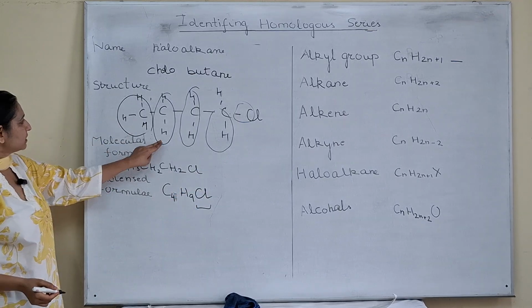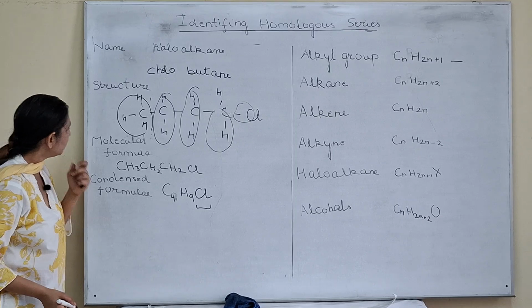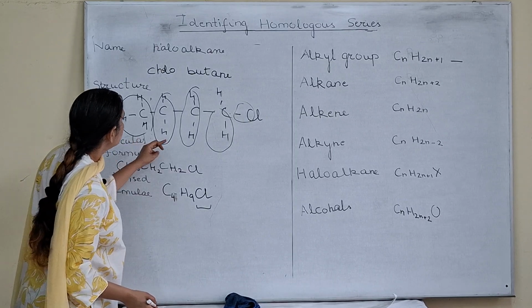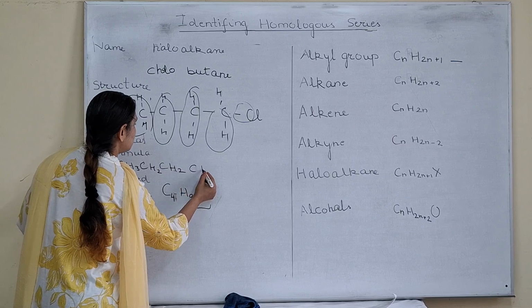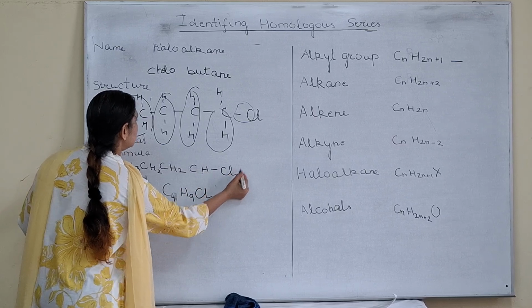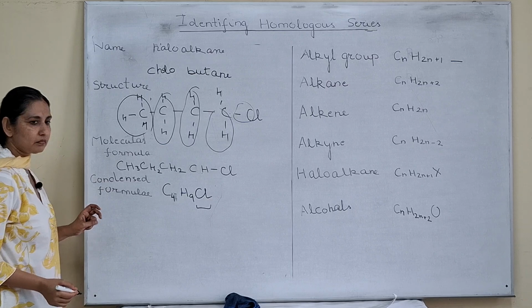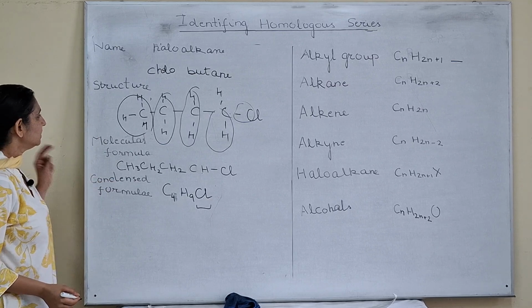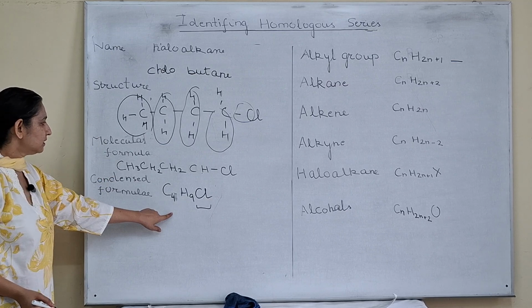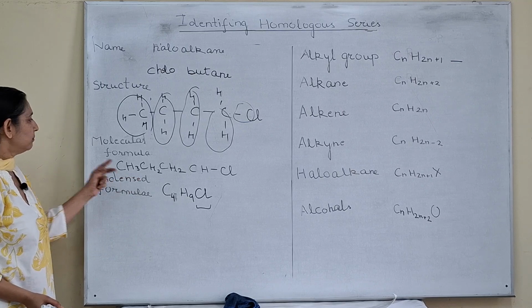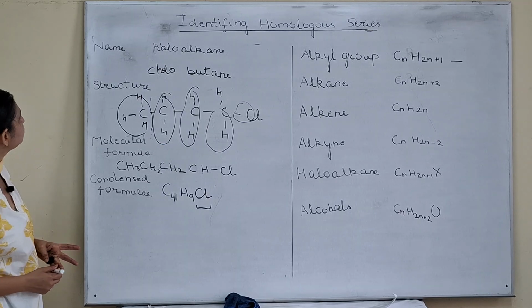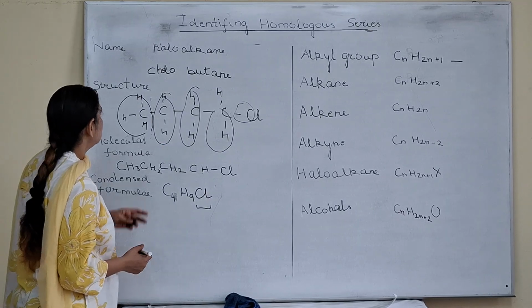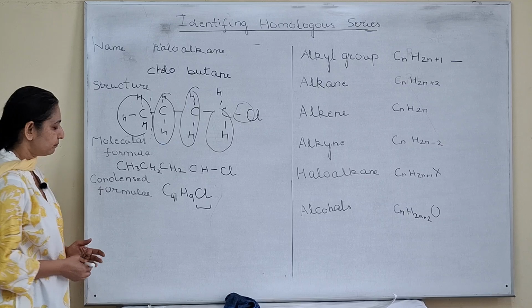So CH3, CH2, where is the 4th carbon? Sorry, this will be CH, and then you will have Cl. This is how you write the other kind of formula. This से थोड़ा सा बड़ा हो जाता है ये formula, but it helps us to know the structure. We have written the name.